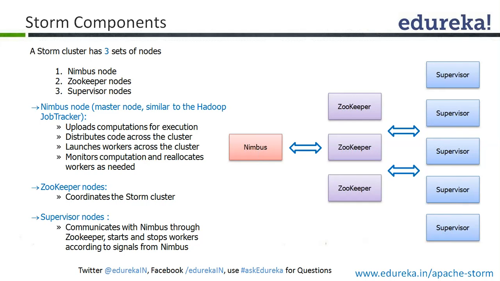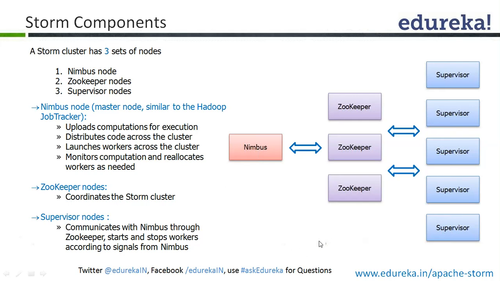There are various commands wherein you can stop a topology, deactivate a topology, activate a topology, and probably increase the parallelism. There are various kinds of changes which you can make to your topology once it is submitted via Nimbus, and your supervisors are responsible to actually execute them.